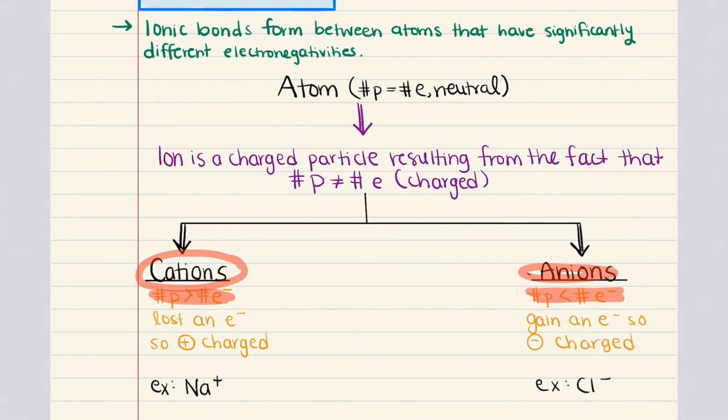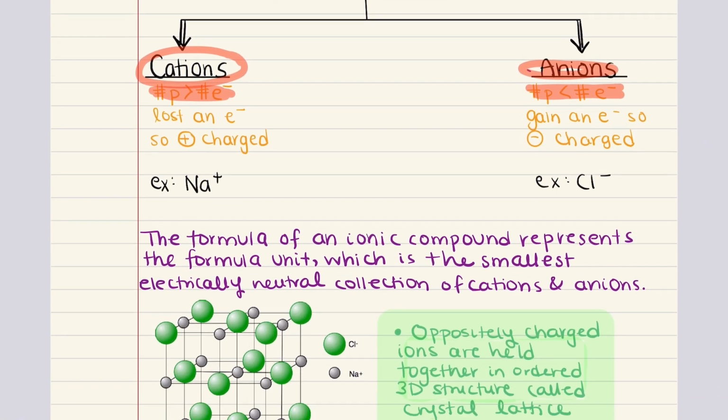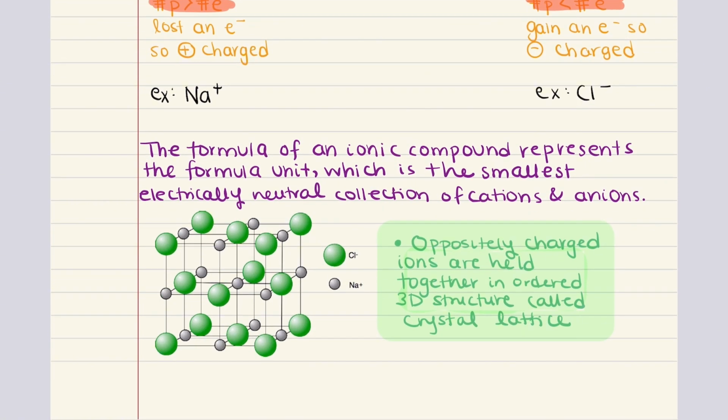Electronegativity increases going from left to right on the periodic table and going from bottom to top. In addition, metals lose electrons to become cations, and nonmetals gain electrons to become anions. So for example, alkali and alkaline earth metals, so group 1 and 2 respectively, they readily form ionic bonds with the halogens in group 17.